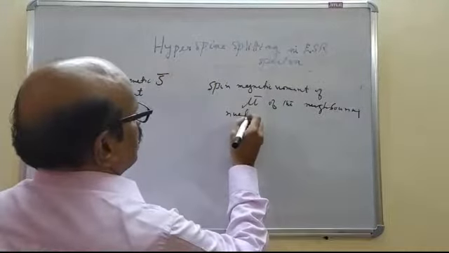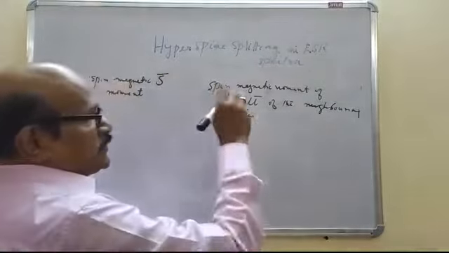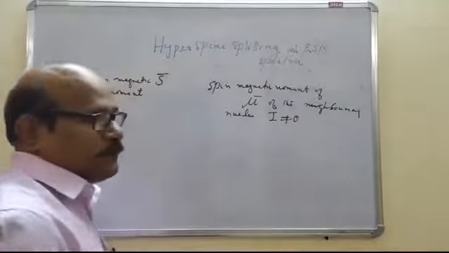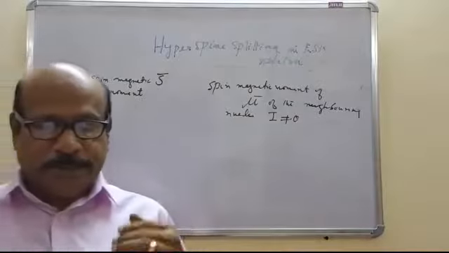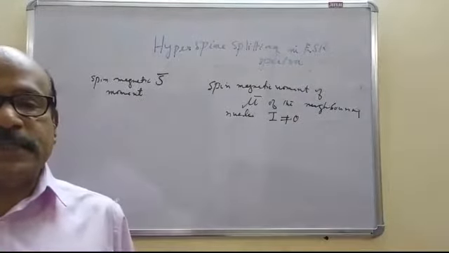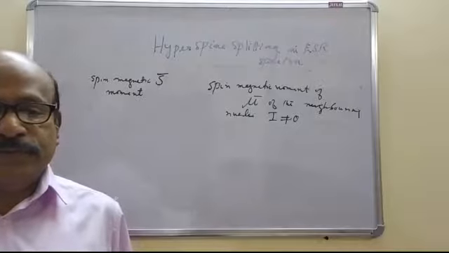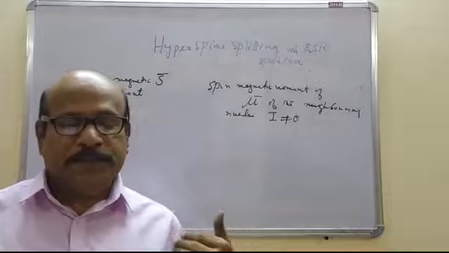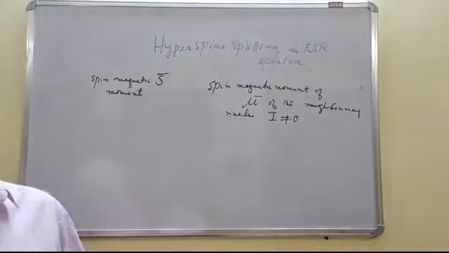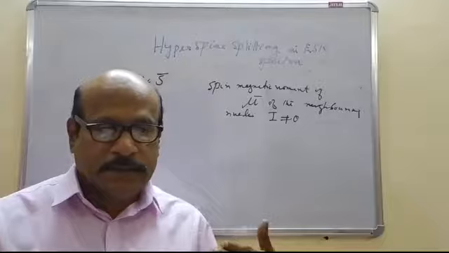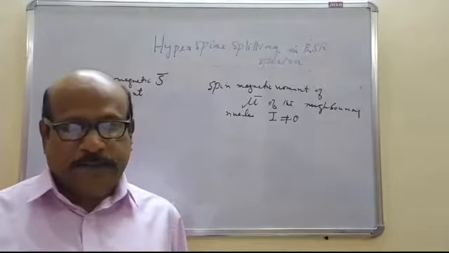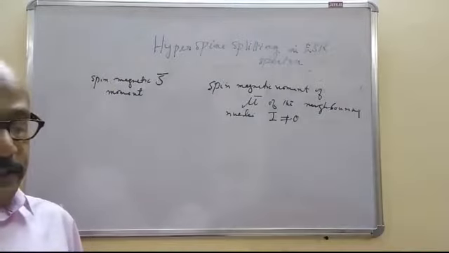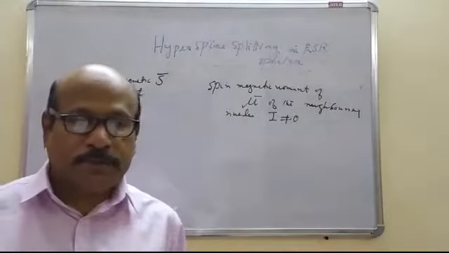Nearby nuclei possessing a resultant spin moment with I not equal to 0 in the molecular species result in the splitting of the ESR spectral line into further components. The ESR absorption signal is split into a number of components.